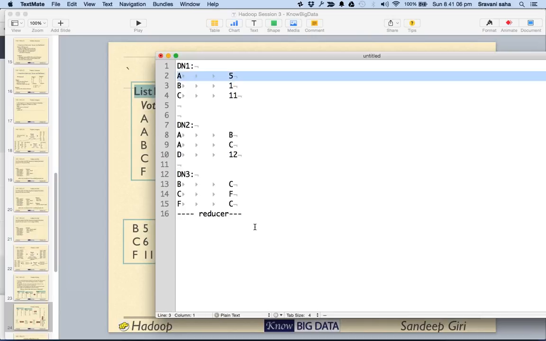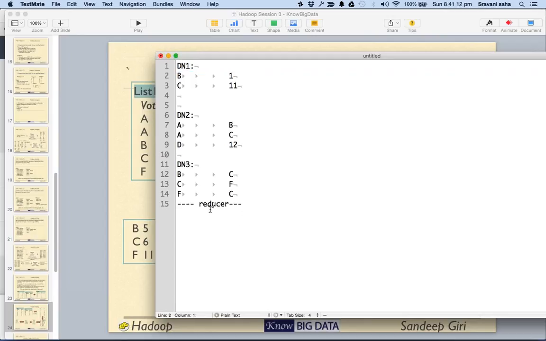It'll pick up whichever is smallest, say A is here, so it'll pick up A. These two records it will pick up, A and these two, right? And also this one, also this one.